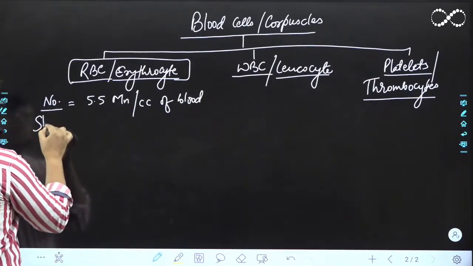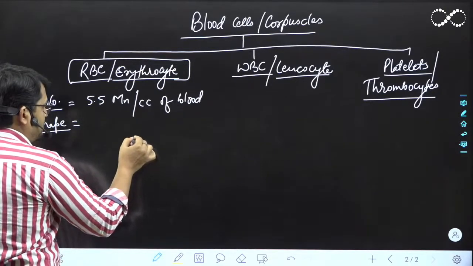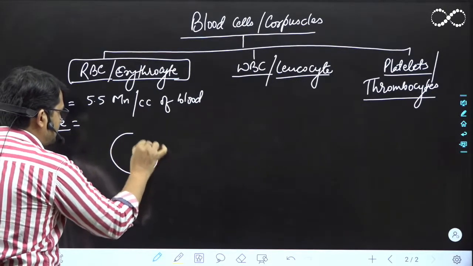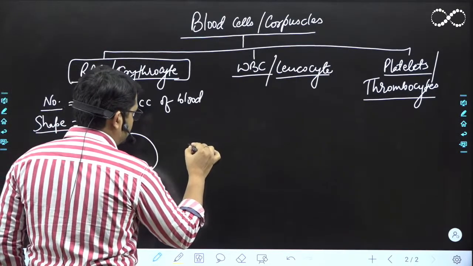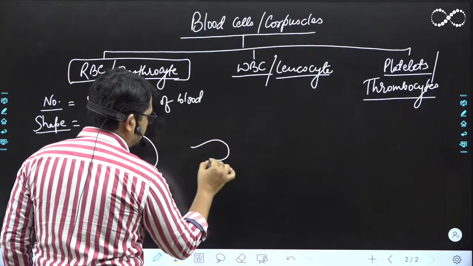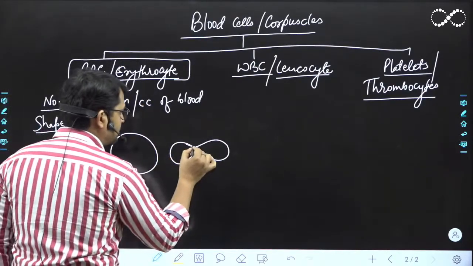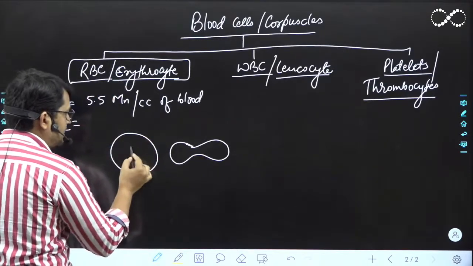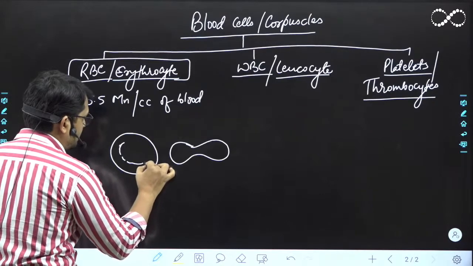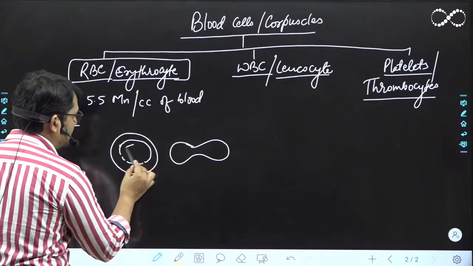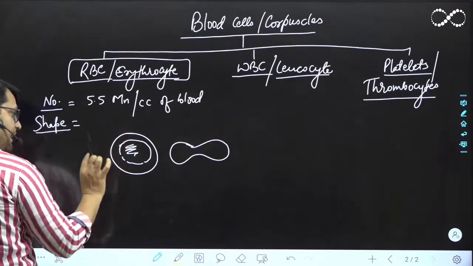What about shape? If we are talking about shape of RBC, see, if you look from the top, RBC looks like this, like a disc. If you look from the sidewise, it looks something like this. Okay? समझ में आ रहा है? तो ऊपर से देखा तो ऐसा है, लेकिन ये कैसे है? ऊपर से ये ऐसा है कुछ. तो बीच में यहाँ पे क्या है? गड्ढा है, थोड़ा सा डिप्रेशन है, both from the top and the bottom.